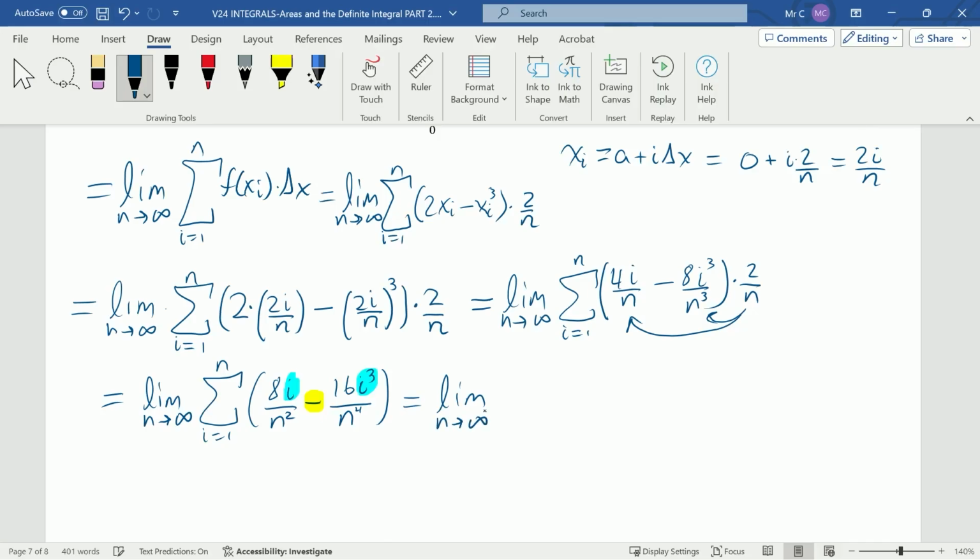And so I get the sum from i equals 1 to n of 8i over n squared, minus the sum from i equals 1 to n of 16i cubed over n to the fourth.